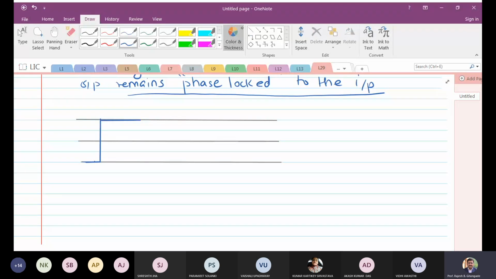Now there is a correlation between the exact ages, and that is the reason why I have to be very accurate with the drawing of these figures. Let us say this is a bipolar signal.